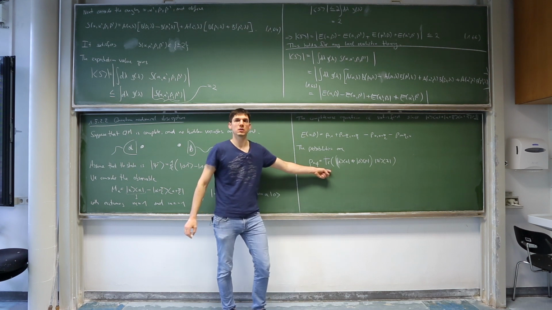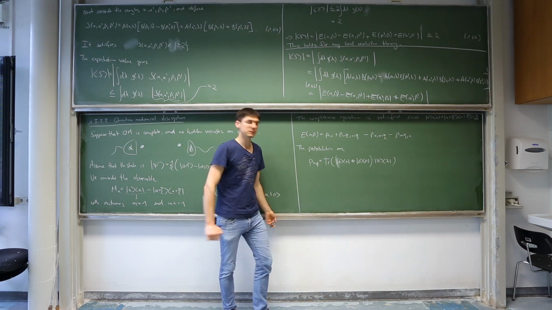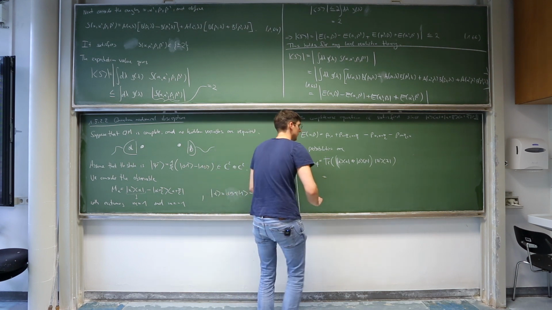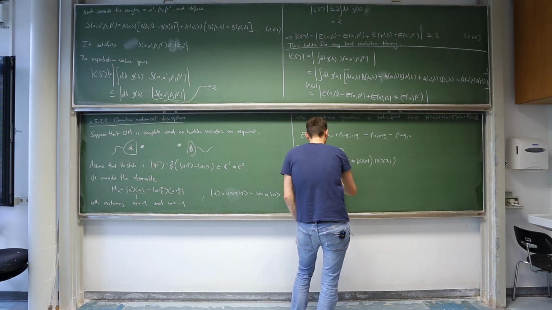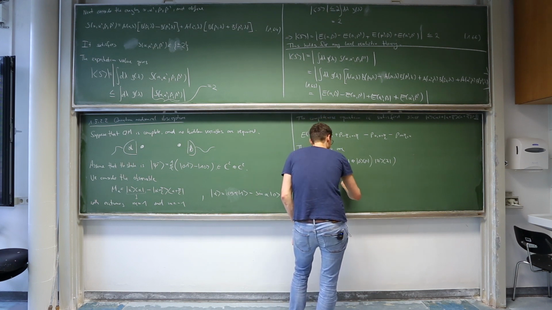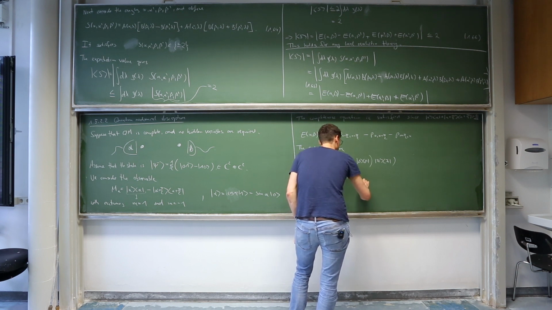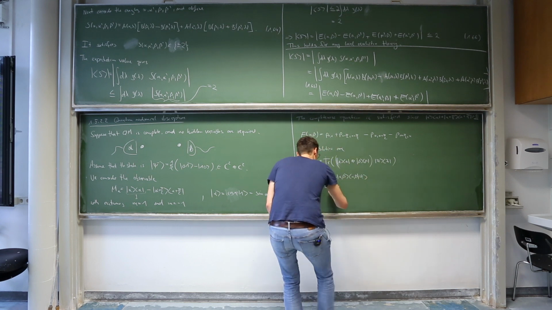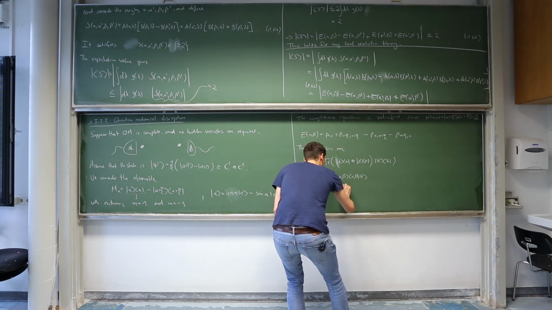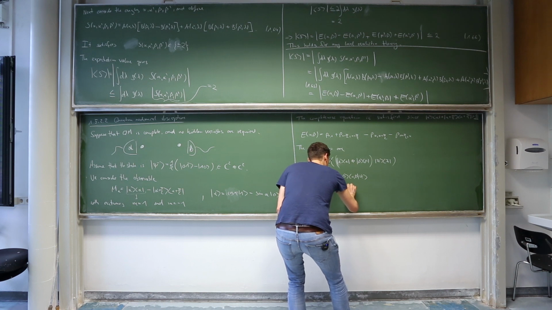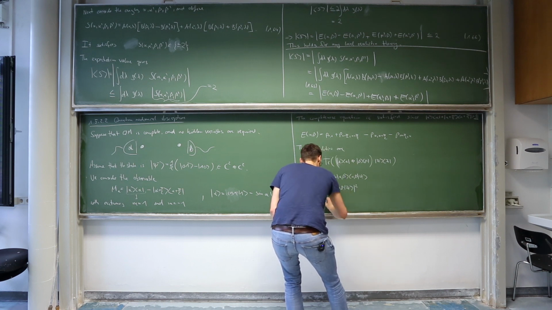So this is what we know from our measurement postulate. So calculating the trace gives psi, and then we have here alpha beta psi, which is the modulus of alpha beta psi squared.